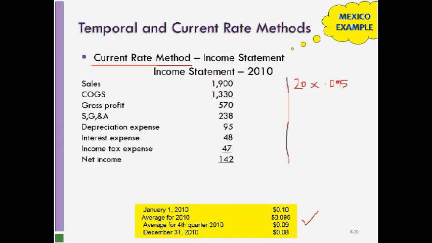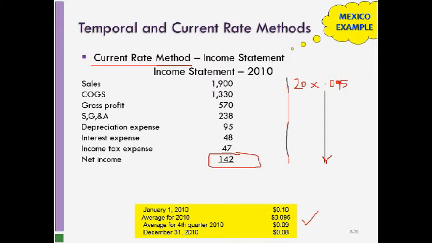Basically, we're going to do that for every one of these items. We take the old income statement, we just multiply everything by 0.095. What falls out from this calculation is this number here, 142.